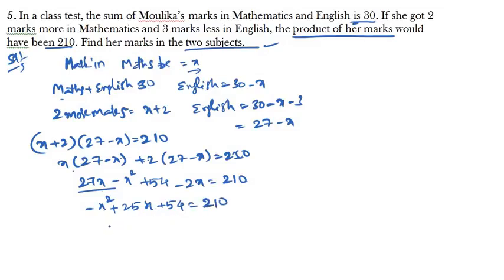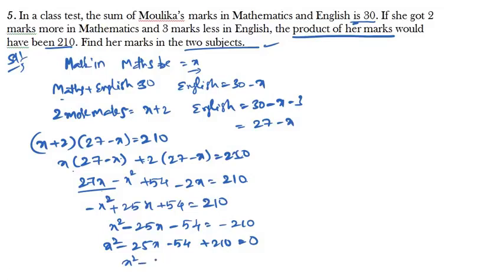If we take the minus common, it becomes X square minus 25X minus 54 is equal to minus 210. Then minus 210 comes inside: X square minus 25X minus 54 plus 210 is equal to 0, and it becomes X square minus 25X plus 156.